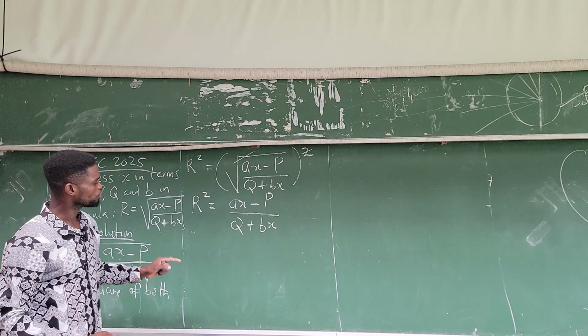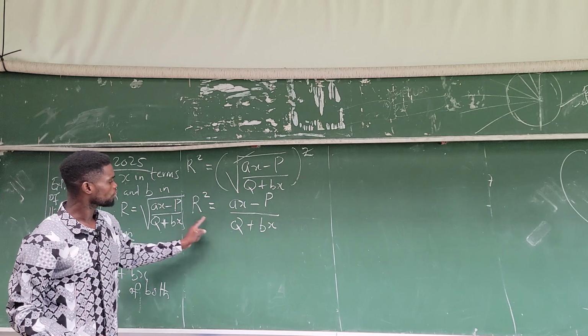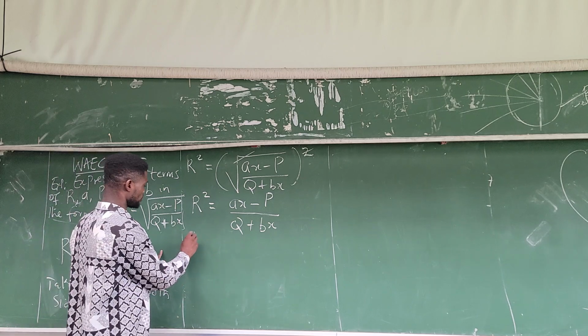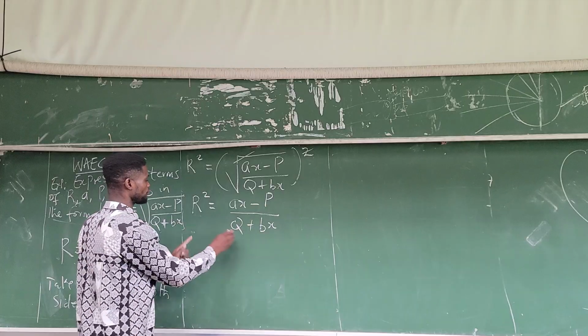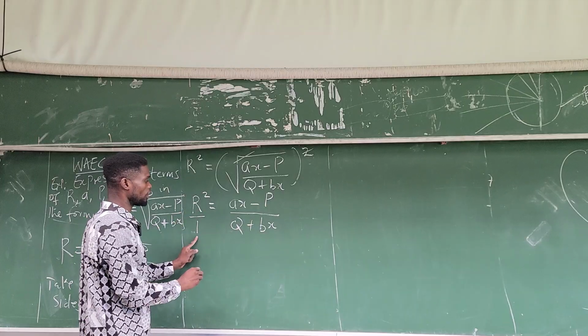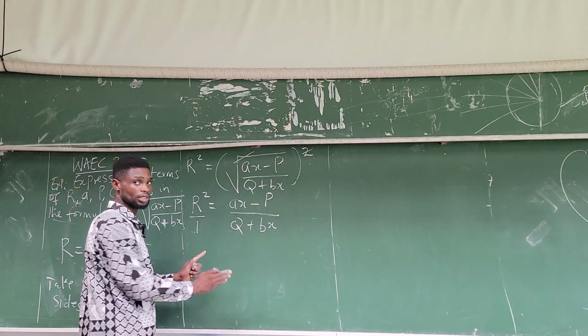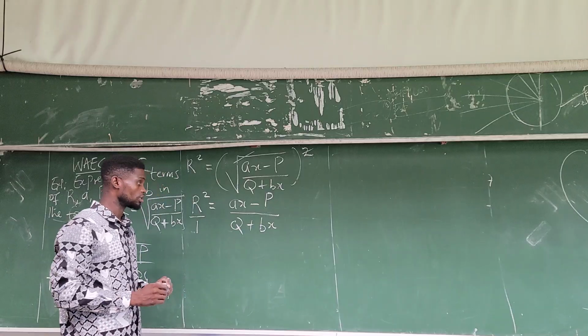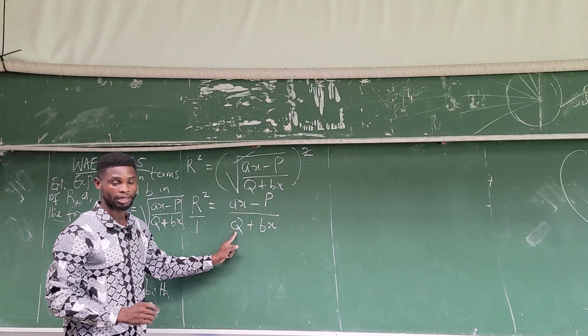Remember, we are going to balance the equation to be in fraction form, so we can write R square over 1, so both sides are in the same format.